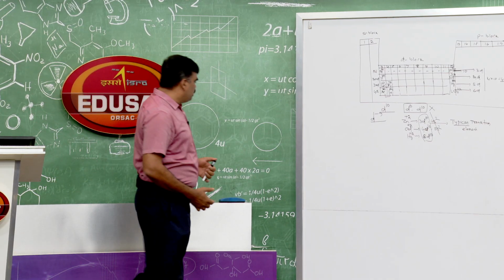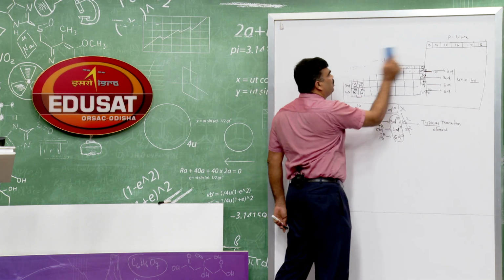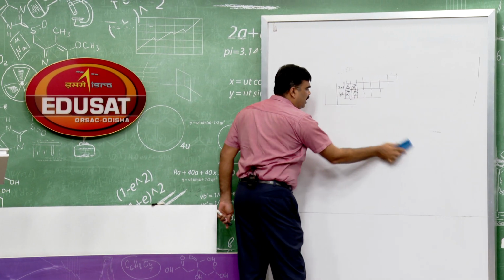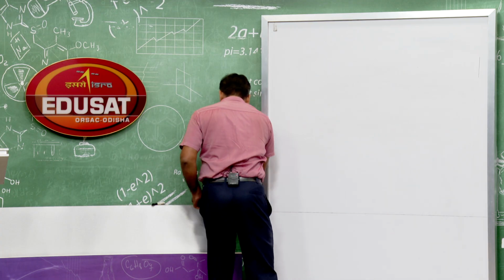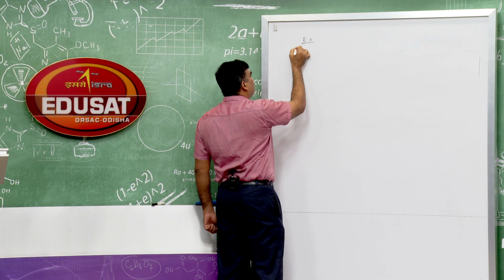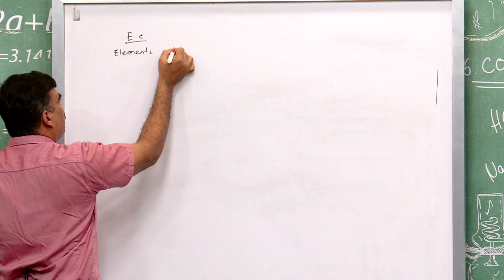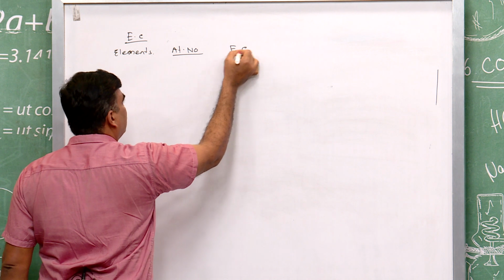Let us discuss the electronic configuration of all these elements. This is very, very important. I will tell you a trick to remember all these elements. So these are the elements, their atomic numbers, and how to write the electronic configuration.